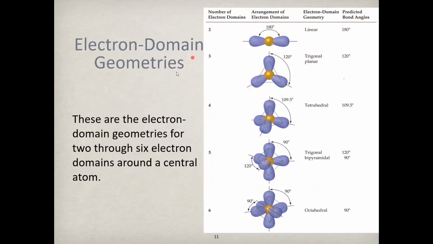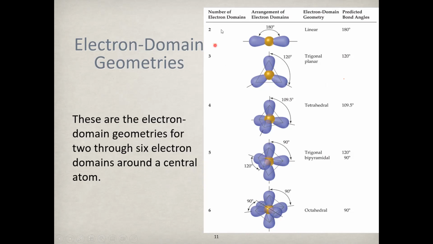Depending on the number of electron domains, that's going to determine the best way for those electrons to spread out. When we're looking at electron domains, we're thinking about bonded atoms. It doesn't matter if it's a single, a double, or a triple bond. Each bonded atom counts as 1 electron domain, as well as each set of lone pairs on the central atom.